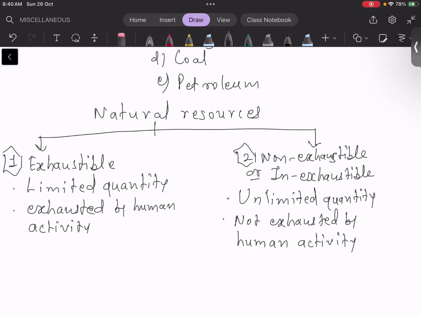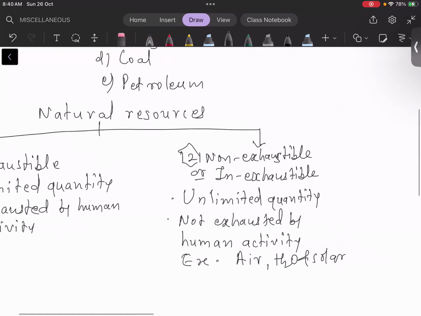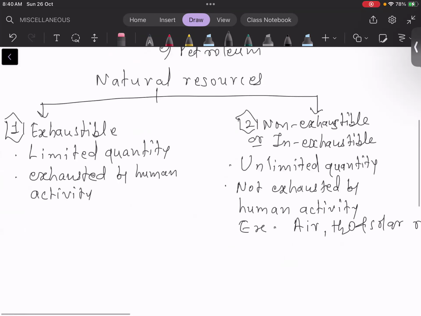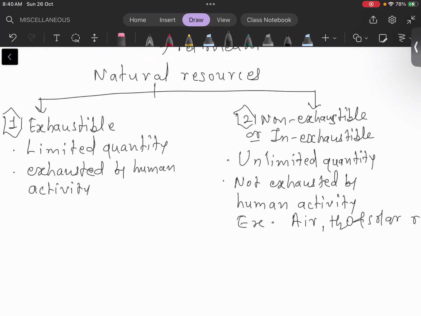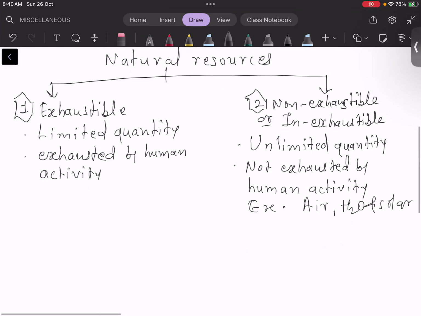Inexhaustible resources include air, water, solar radiation, etc.